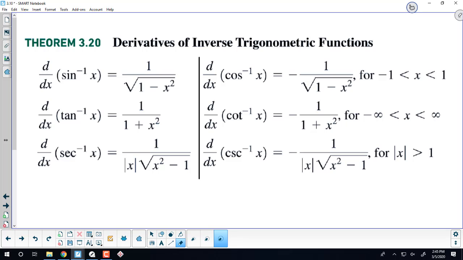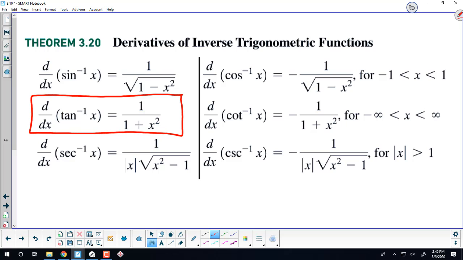and work through that to see where it comes from. As far as the exam goes on these inverse trig functions, it's just going to be a matching. One column is all of these functions, the other column is all of the derivatives, and you just have to match the inverse trig function to its derivative. I will say though that 2 extremely important ones that you see quite often through Calc 1 and Calc 2 are the inverse tangent and the inverse sine.